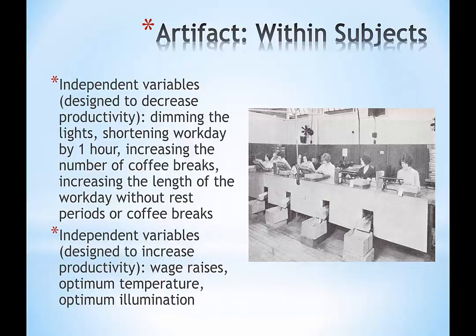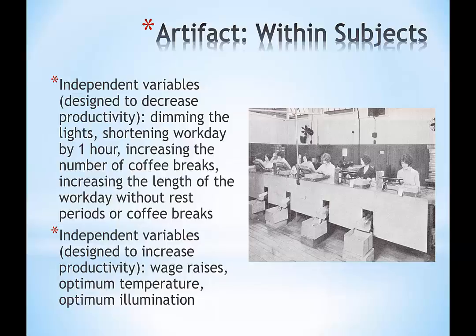There were also, as you see at the bottom of the left frame there, independent variables designed to increase productivity. So for a couple of weeks, they got a pay increase. They got a raise in their wages. Another 2 week block or longer, they had optimum temperature. So, the right amount of heat in the winter, the right amount of cooling in the summer. In another block of the study, they got optimum illumination. All right.